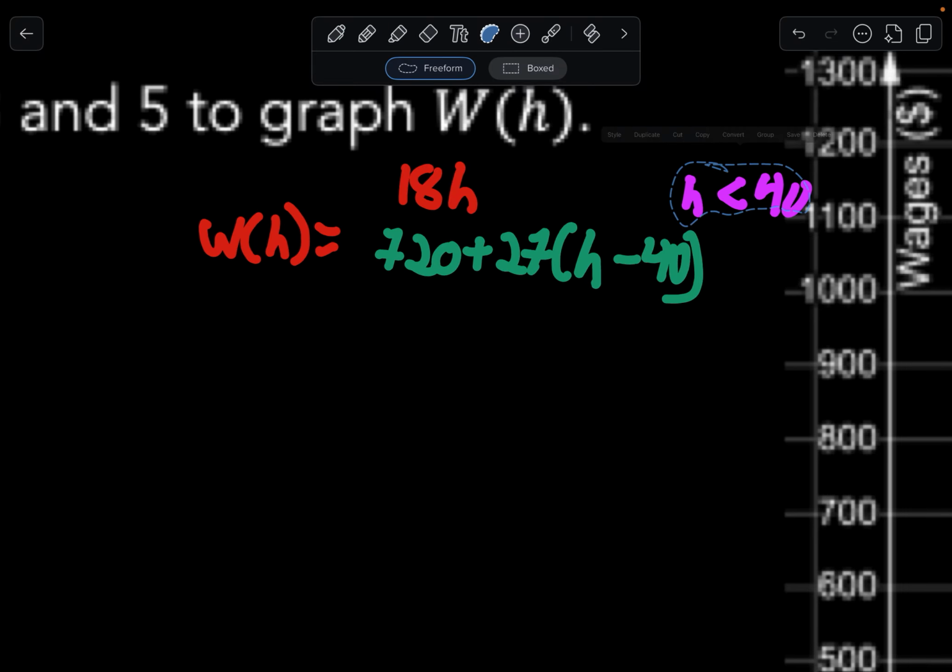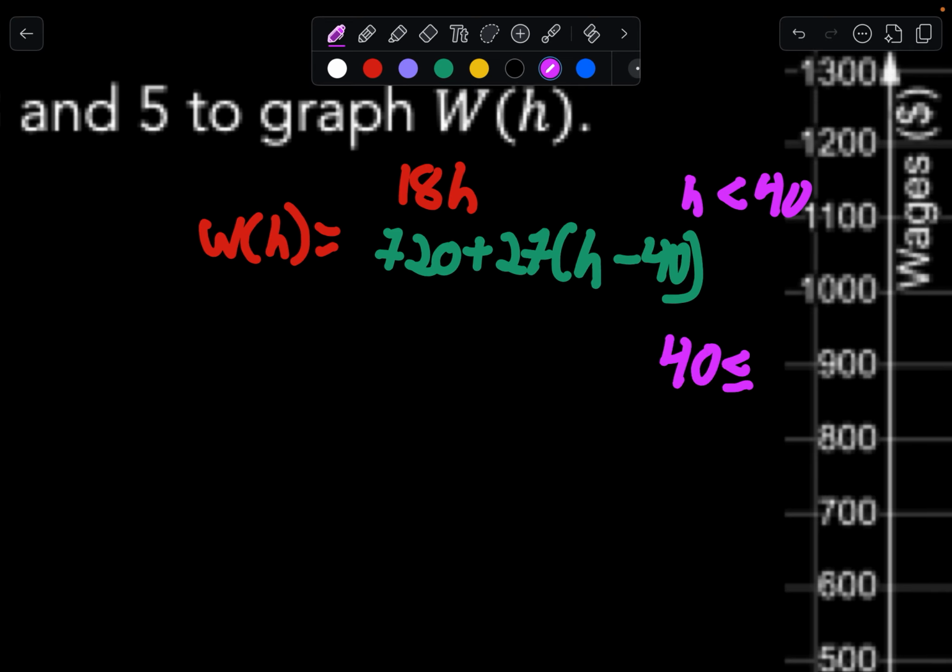That was the condition for the top piece. The bottom condition is going to be when H is greater than 40. You can write it like that because, I guess if you get up to so many extra overtime hours, they may even bump it to double time. But let's say they don't.